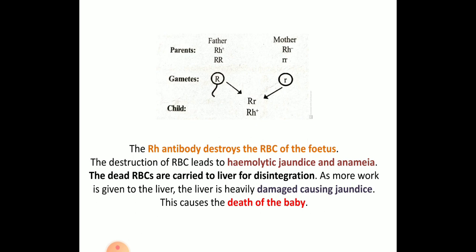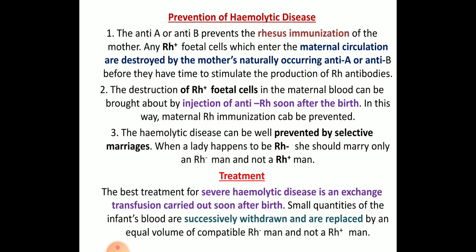Due to the destruction, hemolytic jaundice and an anemic condition take place, and the dead RBCs are carried to the liver for disintegration. Due to that, death of the baby happens. This is what happens in erythroblastosis fetalis.